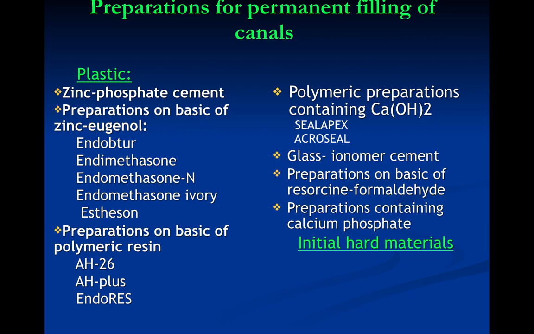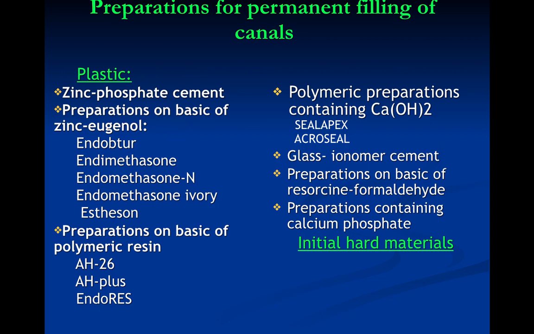This is an old technique for filling of canals, because after filling with resorcinol formaldehyde paste, the crown part of the tooth may change color to the red side. Preparations containing calcium phosphate.